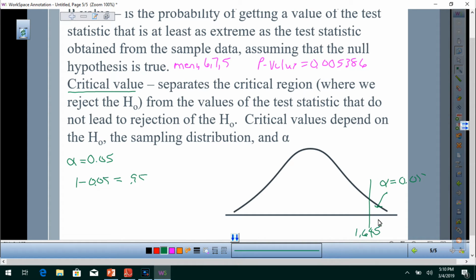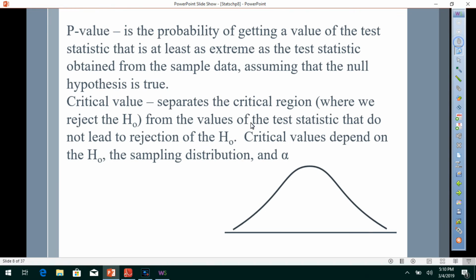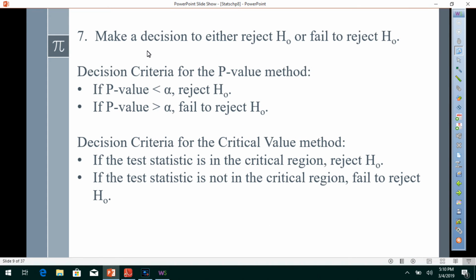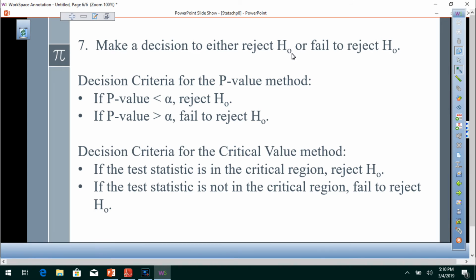That's our critical value, 1.645. Now make a decision to either reject the null hypothesis or fail to reject the null hypothesis.